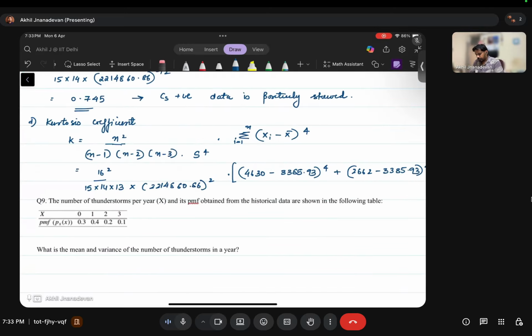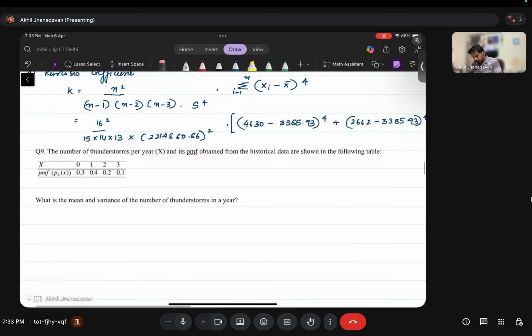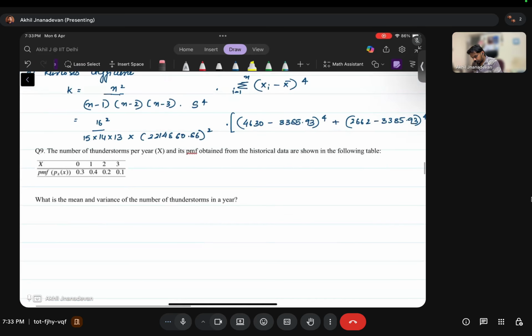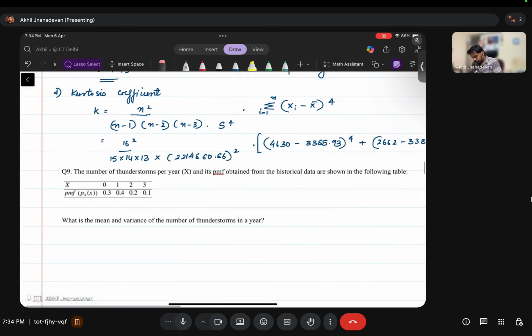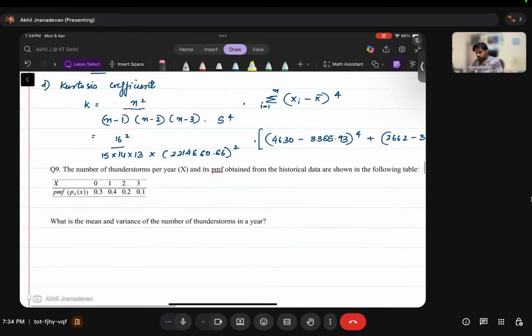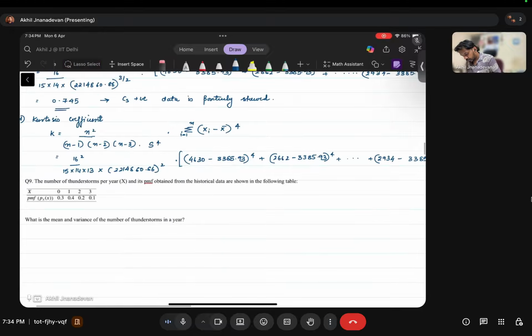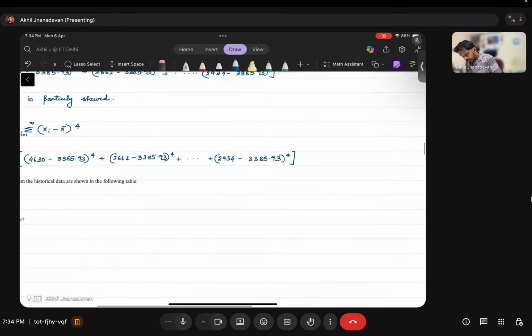So when you solve this, this would be coming around 2.268.